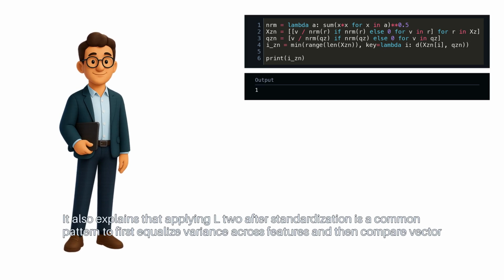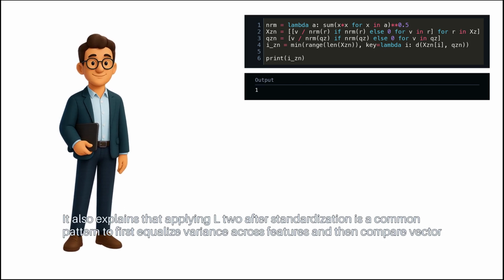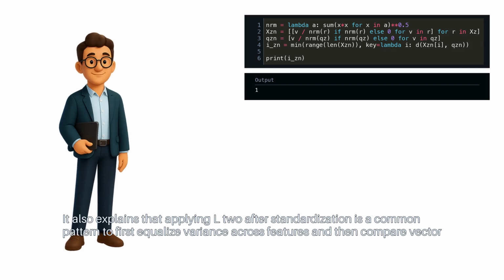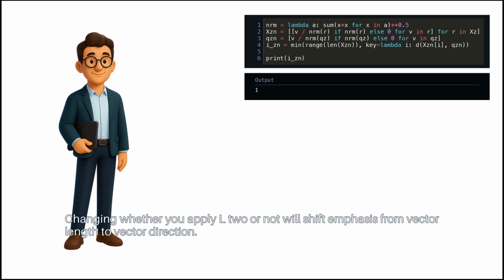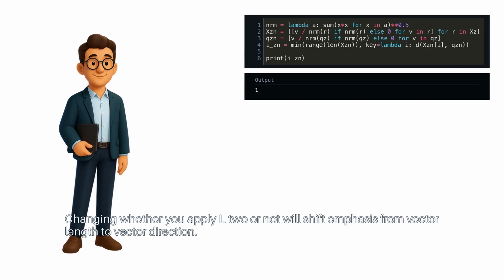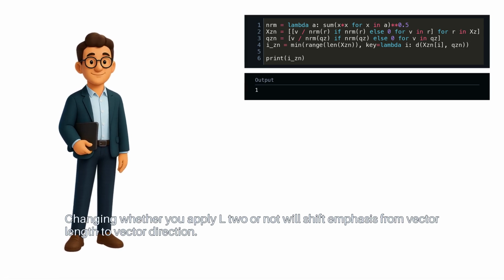It also explains that applying L2 after standardization is a common pattern to first equalize variance across features and then compare vector orientation. Changing whether you apply L2 or not will shift emphasis from vector length to vector direction.